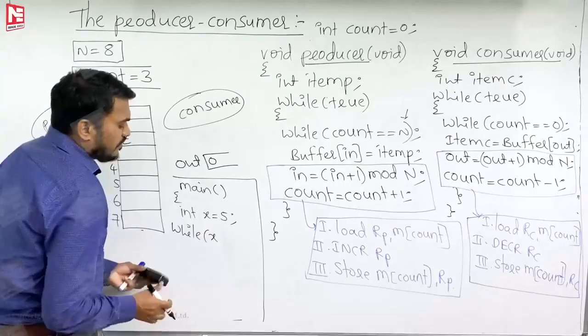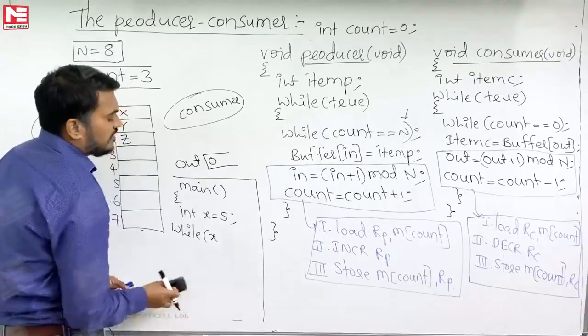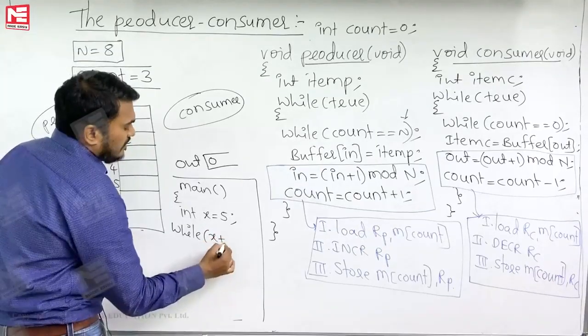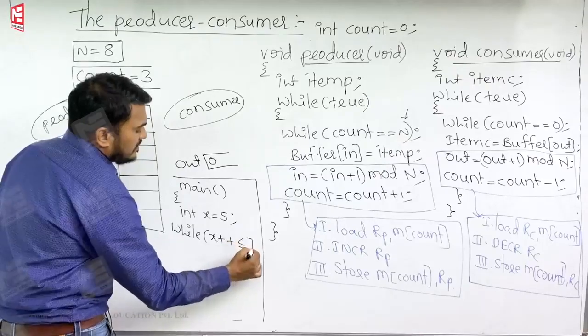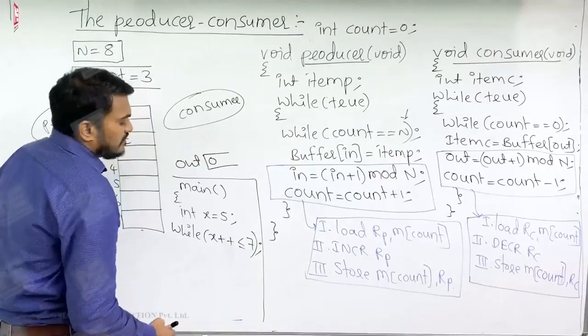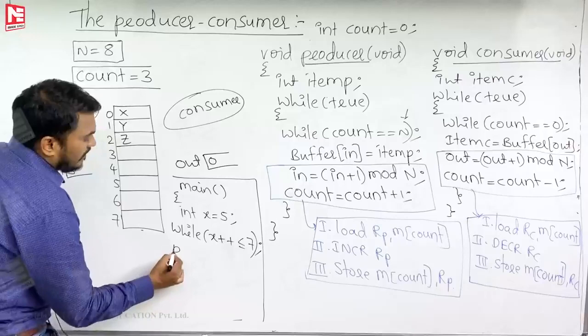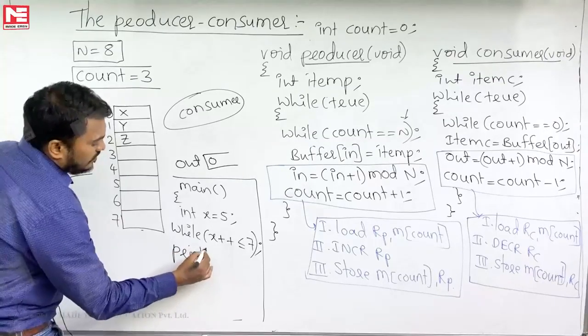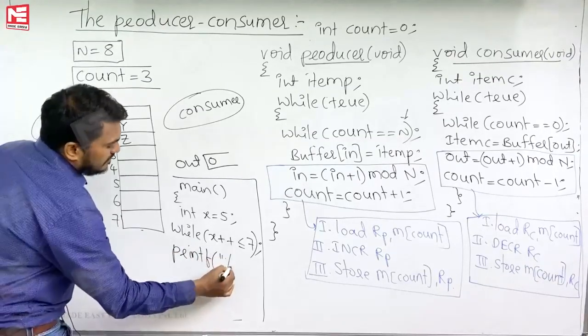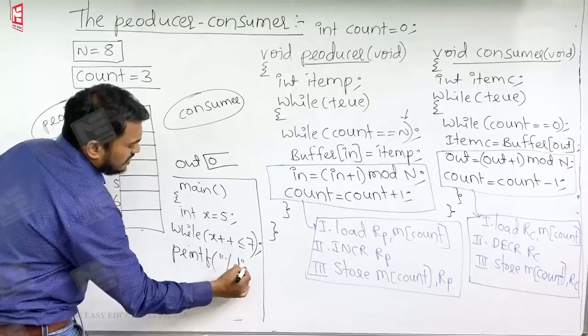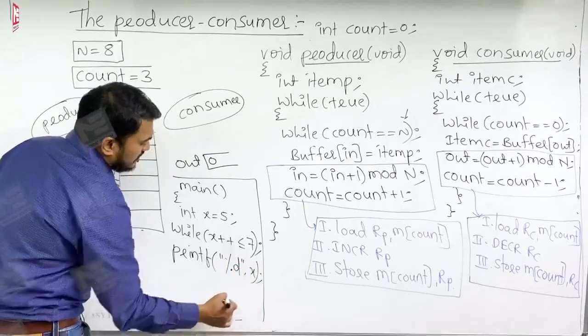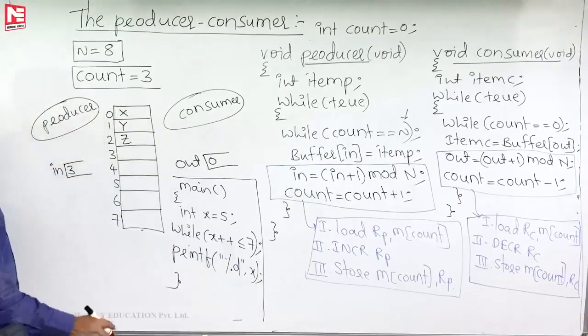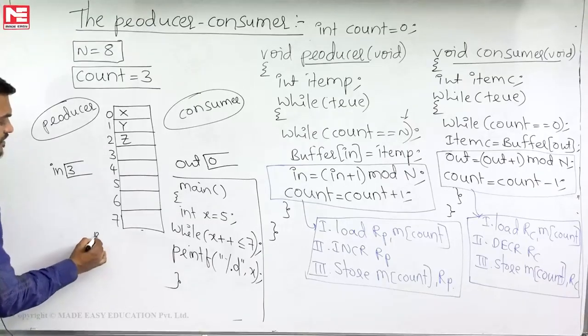I am assuming all of you know post increment, pre increment and everything. Okay, so this is the buffer.